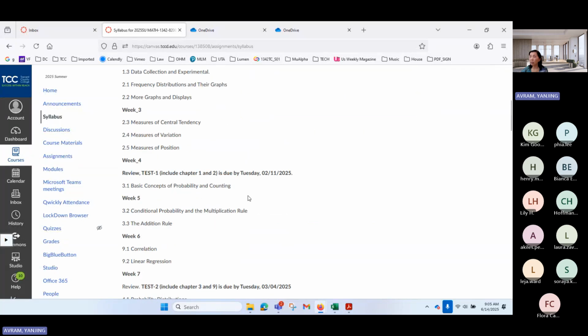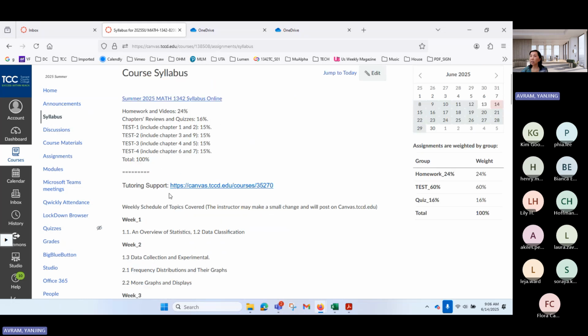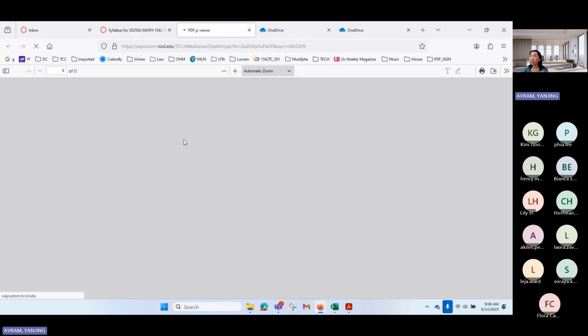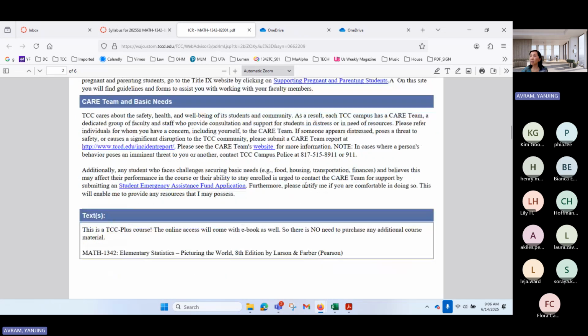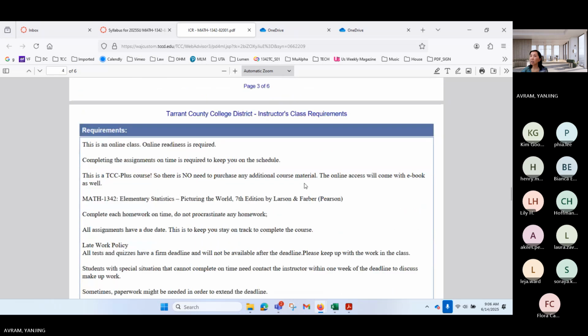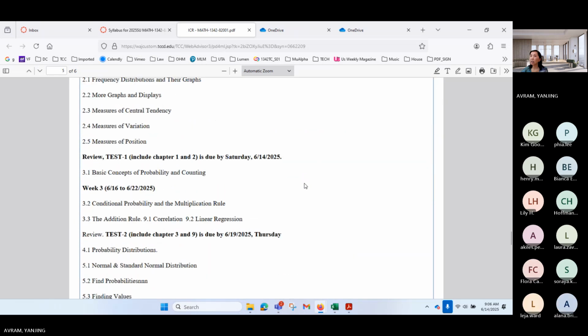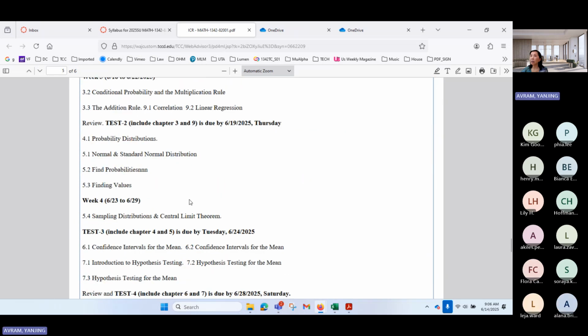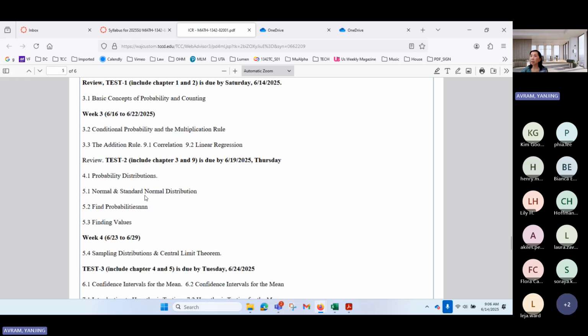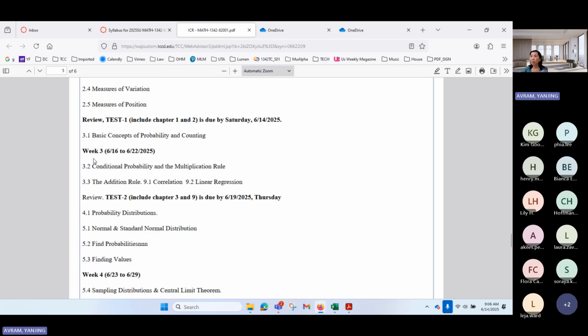If you look at this online schedule, this is the updated one. I didn't copy this one to the syllabus. So basically test two will include chapter 3, which is 3.1, 2, and 3, and then 9.1, 9.2.